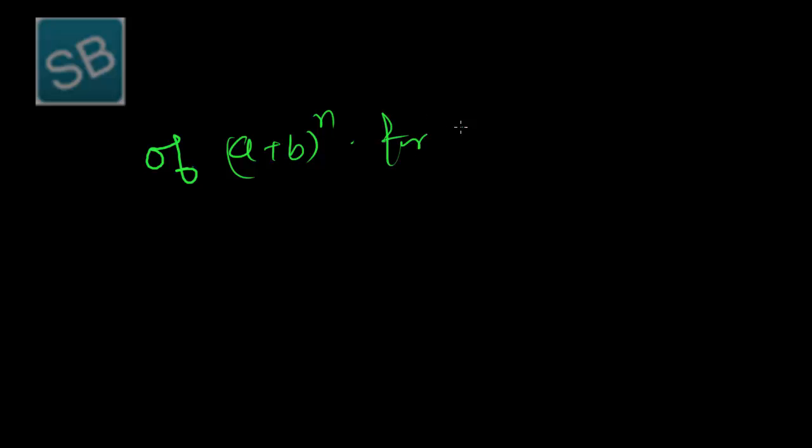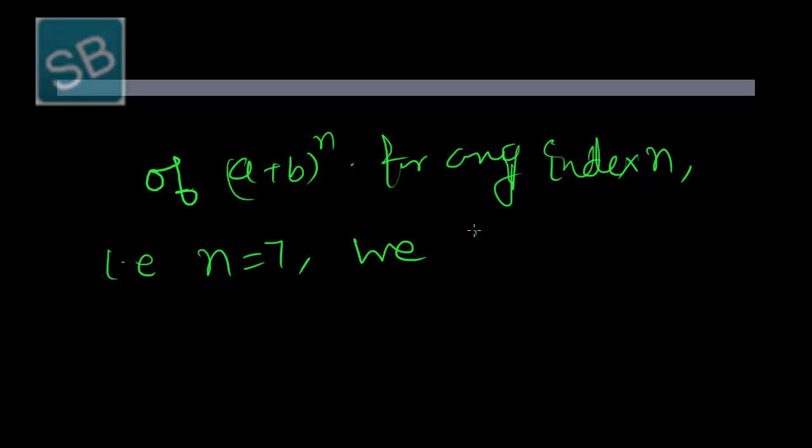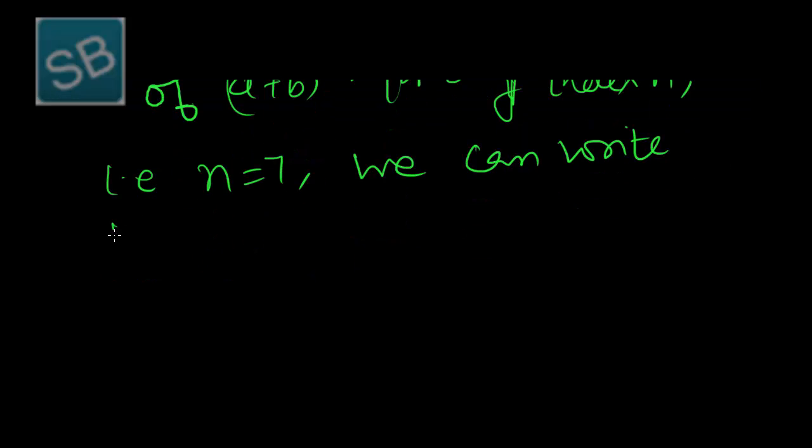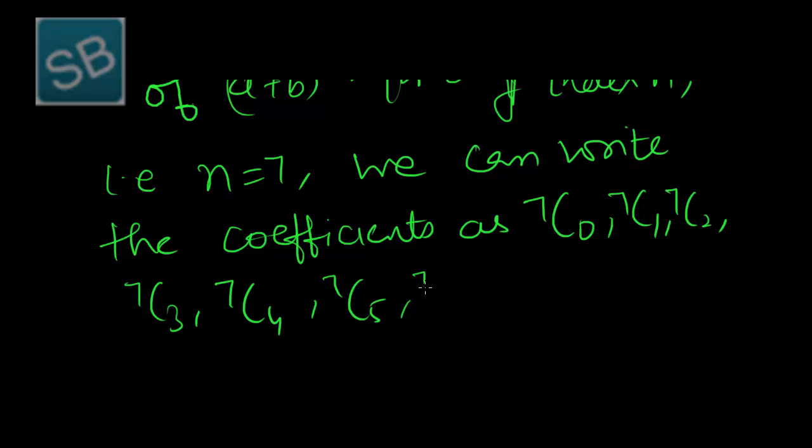So for any index n, take n equal to 7, we can write the coefficients as 7C0, 7C1, 7C2, 7C3, 7C4, 7C5, 7C6, 7C7.